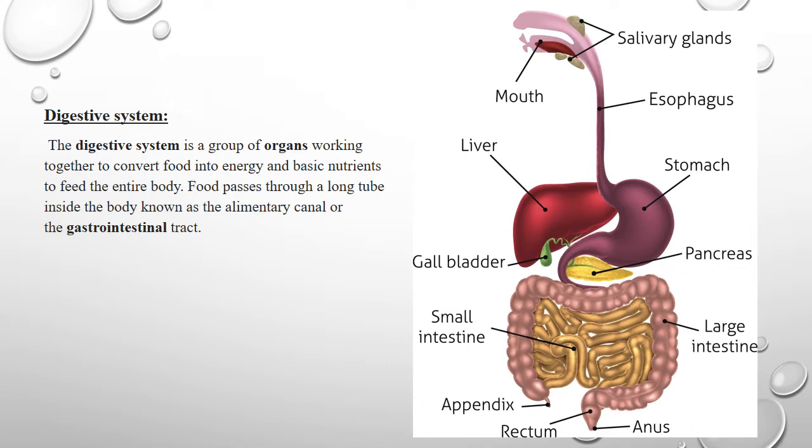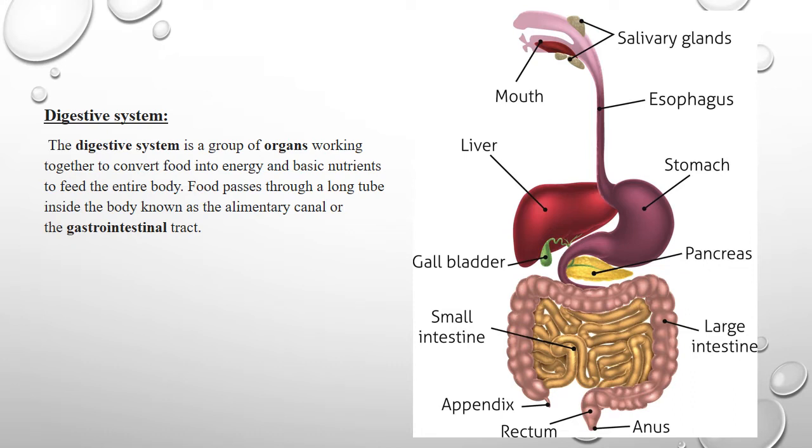The teeth chew the food, and the large particles of the food are broken down into smaller pieces, and saliva which is secreted in our mouth mixes with this food. The tongue rolls the food and mixes it with saliva, and after that the food enters the esophagus.